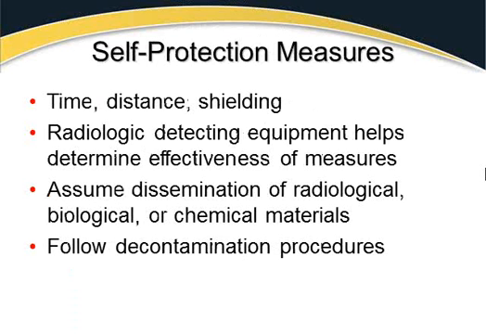So again, self-protecting measures: time, distance, and shielding, very, very big here. Radiological detection equipment, such as what they commonly call Geiger counters, can help determine if we're dealing with a nuclear or a radiation event. And then there are certain decontamination procedures.